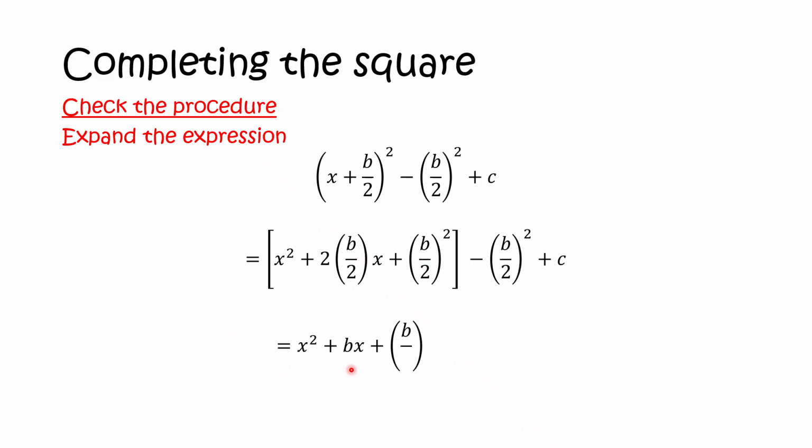This gives us x² + bx + (b/2)² - (b/2)² + c. So the (b/2)² will cancel out, and we go back to our original expression, x² + bx + c, as shown.